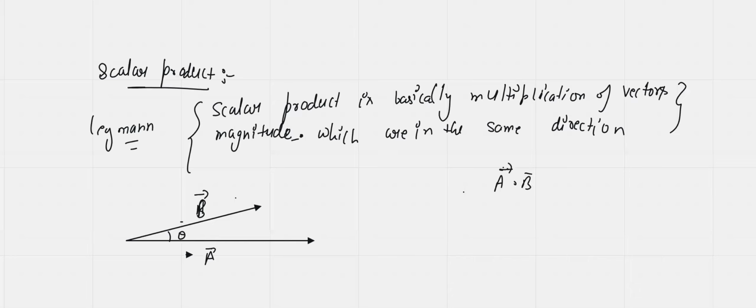Bhavna, we have already studied the resolution of vectors, right? Yes. In that, we know that if I am given this kind of vector, it can be resolved into two components. One is the perpendicular component.